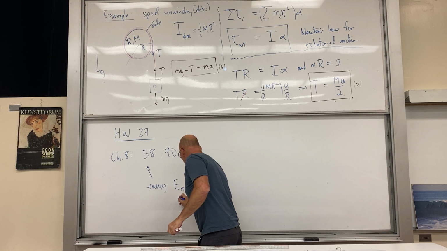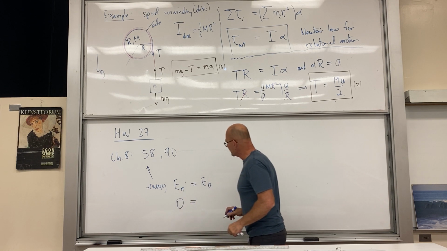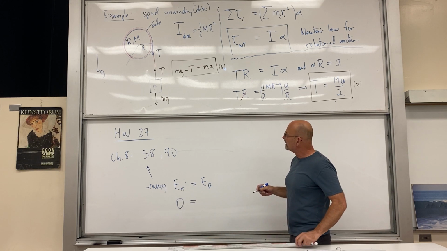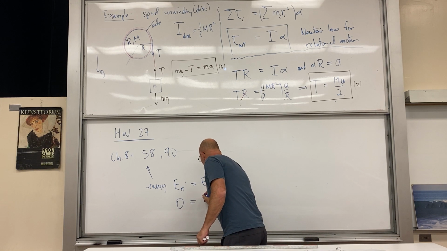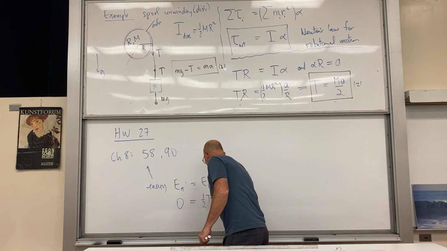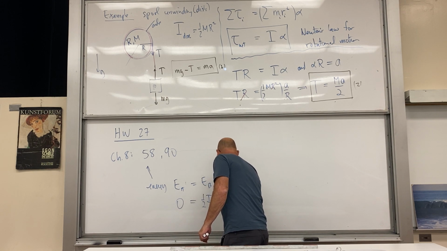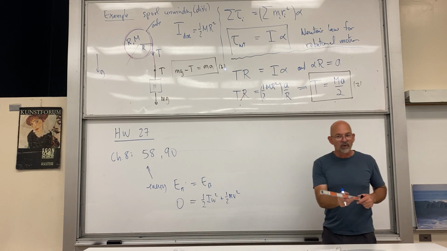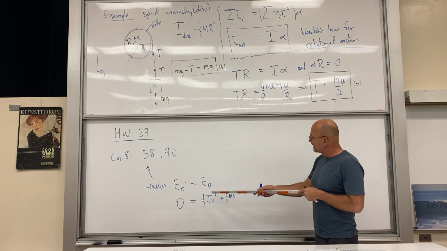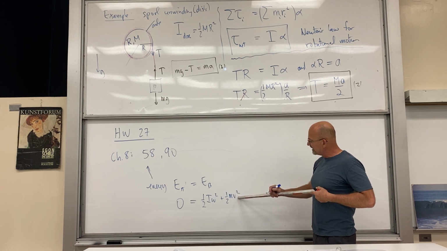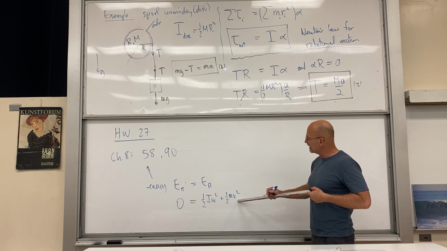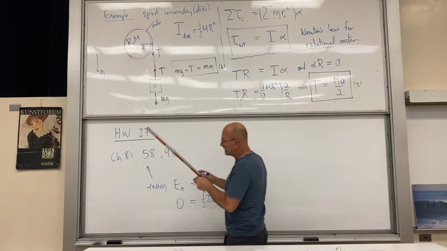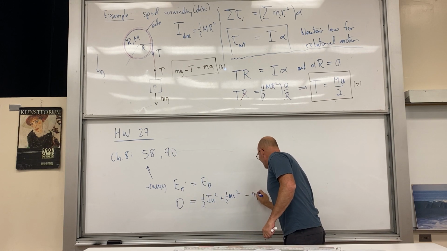So at A, before it starts to fall, we could have total energy be zero. Then we would have 1/2 I omega squared plus 1/2 mv squared. This is just like the rolling race that we did last time. The kinetic energy would have rotational and translational parts. The potential energy would have dropped, so I'll just write minus mgh.